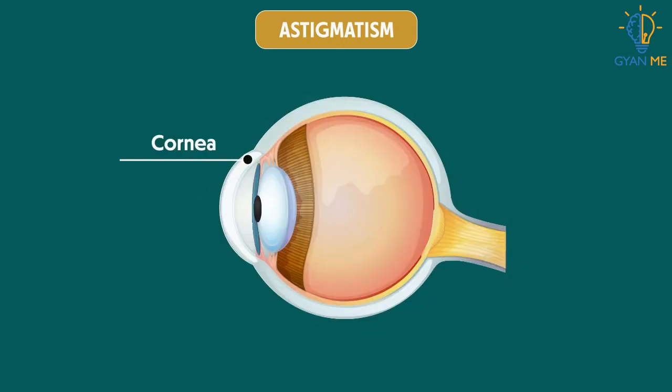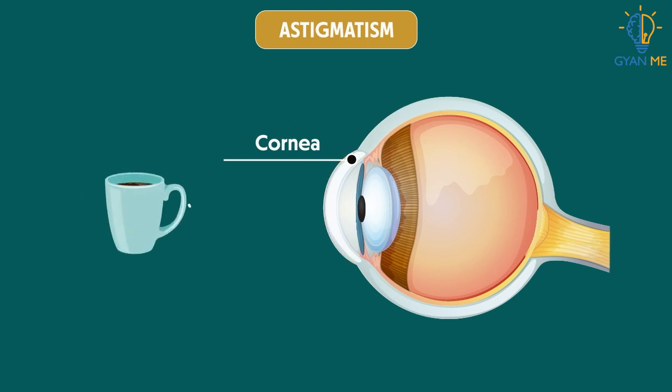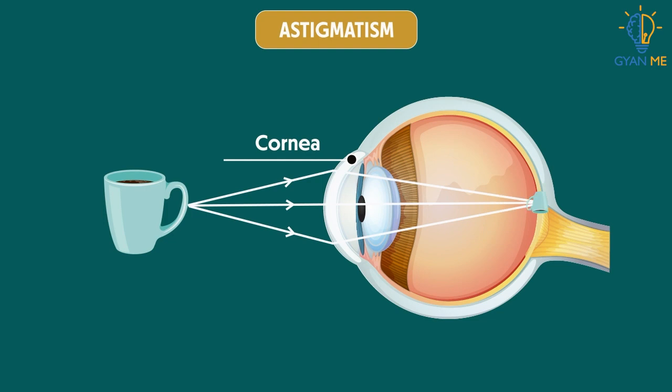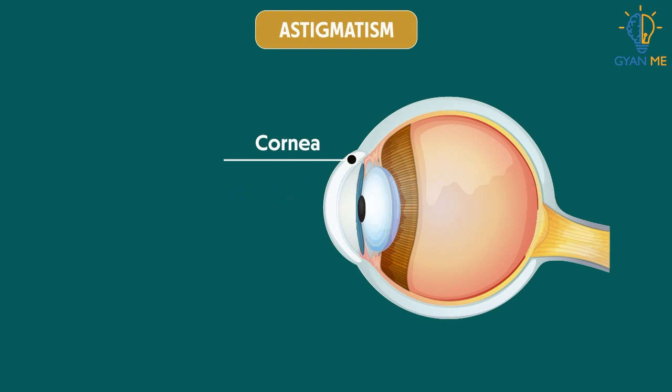Normally the cornea and the lens are smooth and curved equally in all directions. This helps to focus light rays sharply onto the retina at the back of our eye. But sometimes the cornea or lens isn't that smooth or evenly curved.